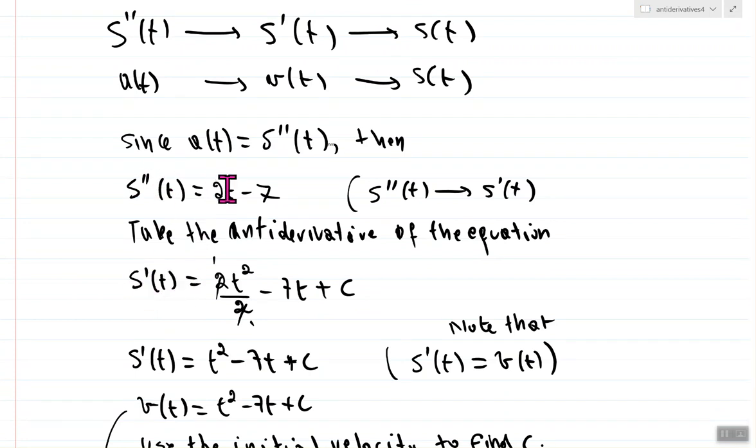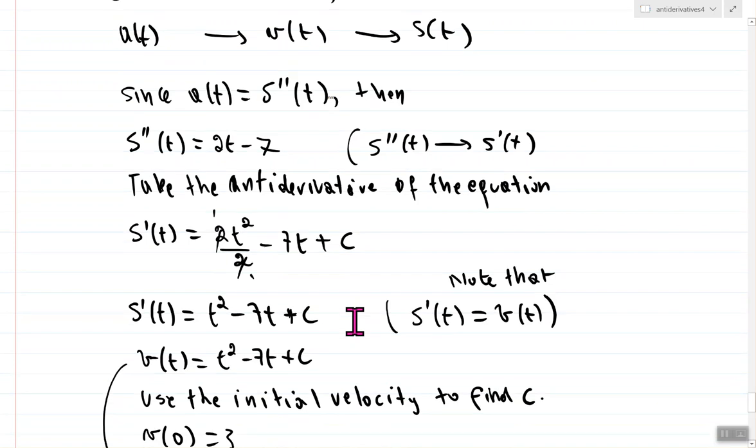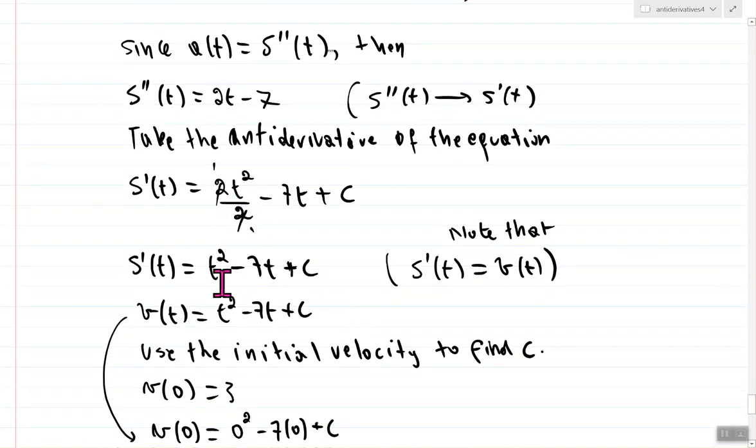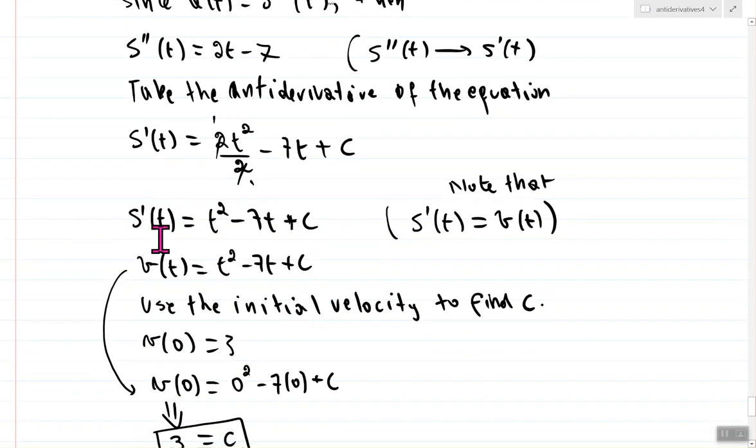And then you take the antiderivative of 2t, you get 2t squared over 2, minus the antiderivative of a constant 7, it's just 7 times t, and then you put plus c. And then you simplify the 2, you get t squared minus 7t plus c. So s prime of t is the same as v of t. So these are the same thing.